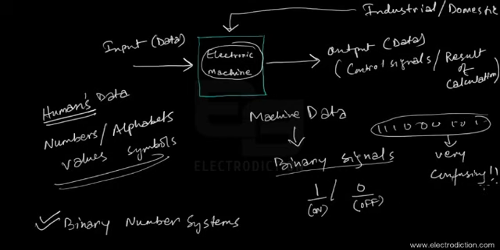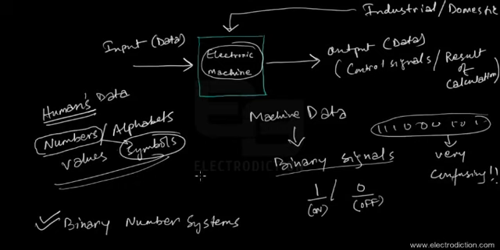So we would like to represent these entire chains of ones and zeros as something more meaningful that we understand. Well, we understand numbers, right? And numbers consist of certain symbols.